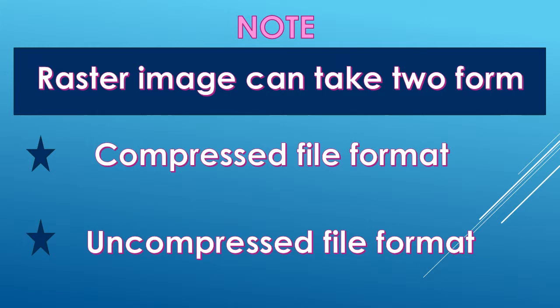Now take a picture that has large resolution, that is large quality, and you want the file size to be small. You will compress it. Compress is like taking something big and pressing it together.